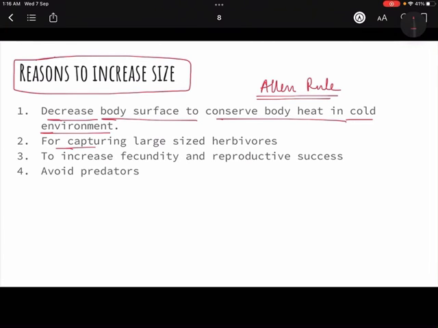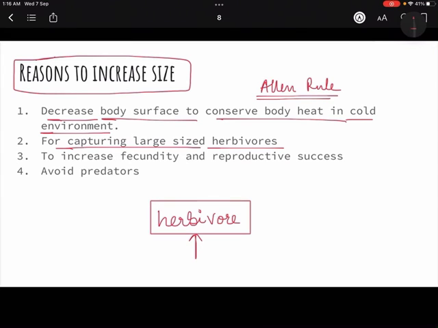And next is for capturing large size herbivores. If the herbivores are very big and you're a carnivore and you're very petite and tiny, how are you going to hunt this herbivore? That is why they needed to increase their size. Next is to increase fecundity and reproductive success. It is known that in bigger sized species, the reproductive success also increases.